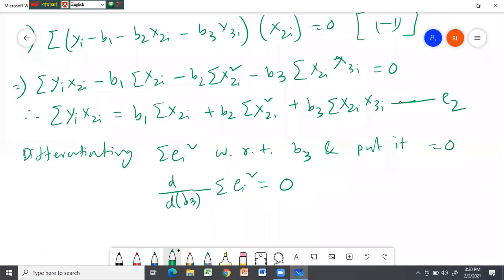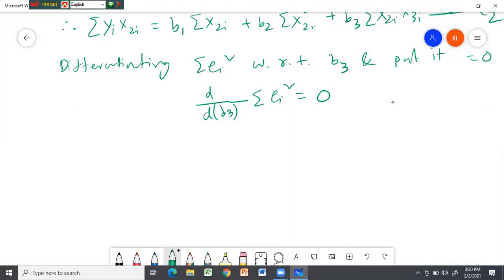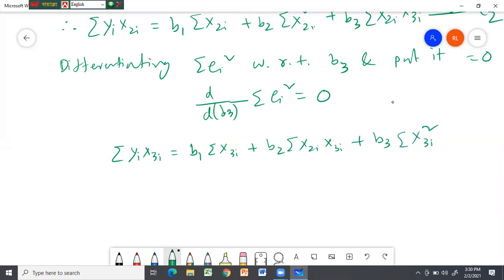After that, your equation number 3 will be sum of yi x3i is equal to b1 into sum of x3i plus b2 into sum of x2i x3i plus b3 into sum of x3i square. That would be your equation number 3.